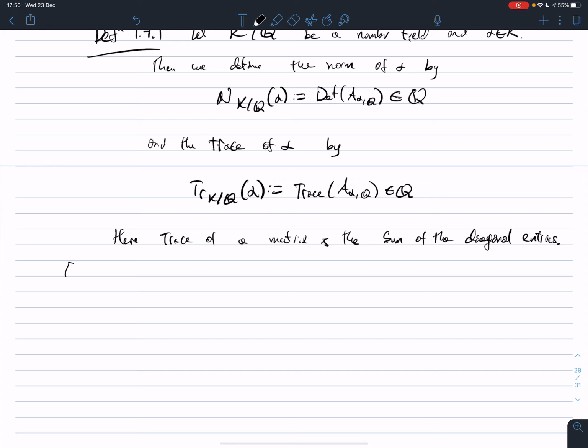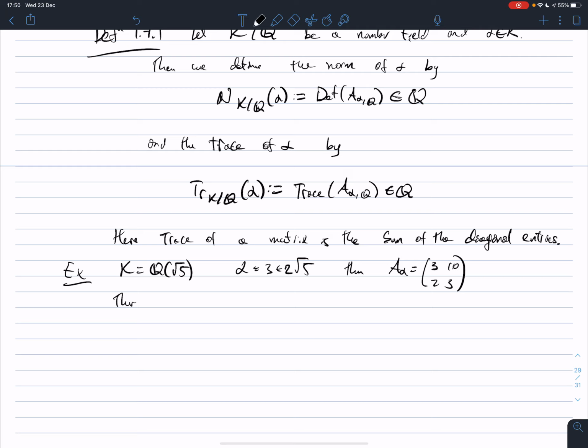So let's go back and look at this example that we had before. Example: let K be Q adjoined square root 5, and we'd taken alpha to be 3 plus 2 root 5. Then we saw that A of alpha in this obvious basis, the 1, root 5 basis, looked like 3, 2, 10, 3.